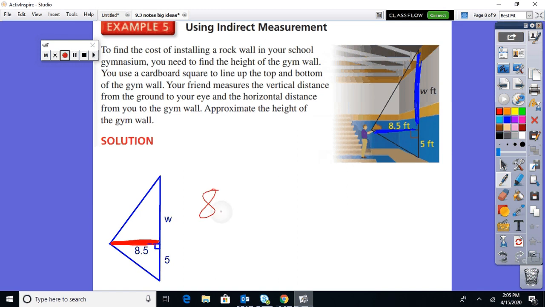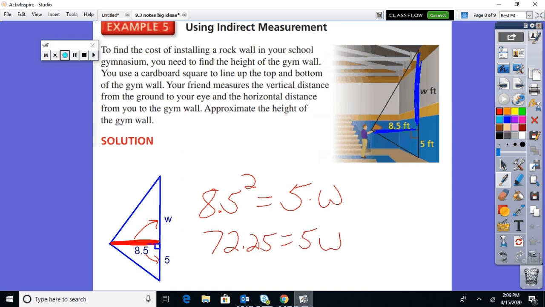So my left-hand side is going to be 8.5 squared, and then it's going to equal the two little pieces of the hypotenuse that it gets busted up into, 5 and w. So 5 times w. All right, so 8.5 squared, 72.25, equals 5w.